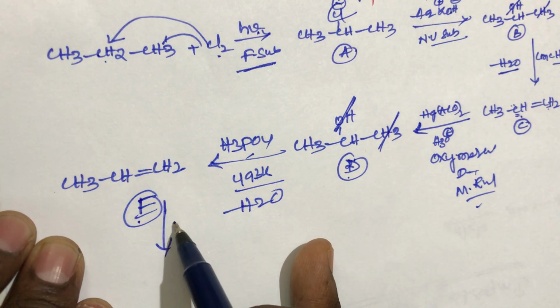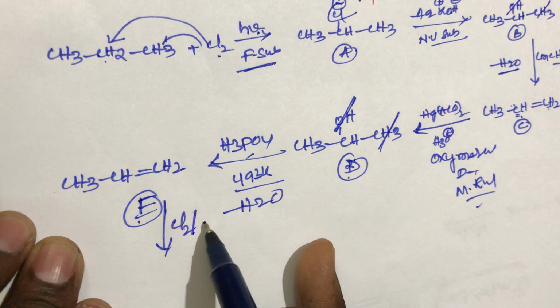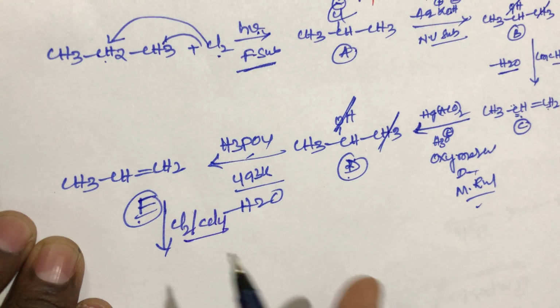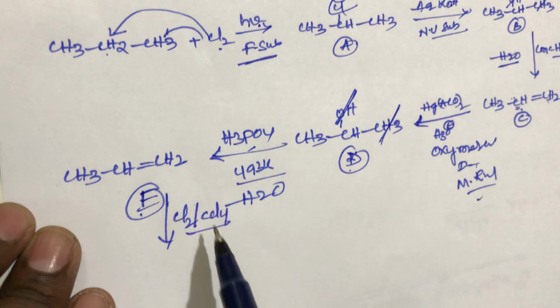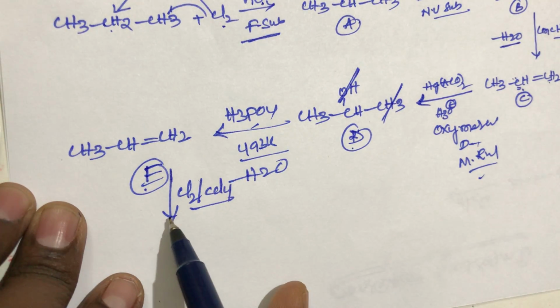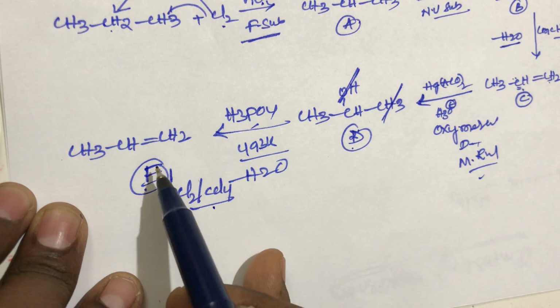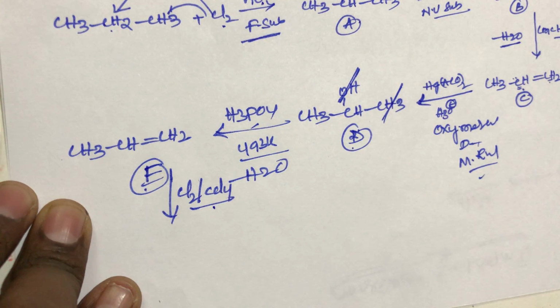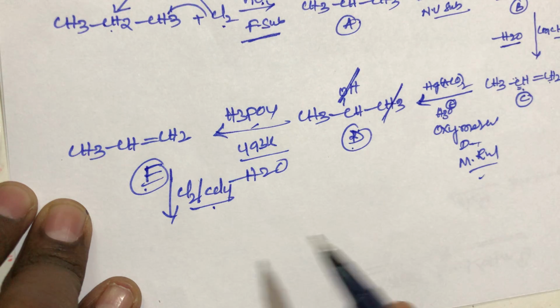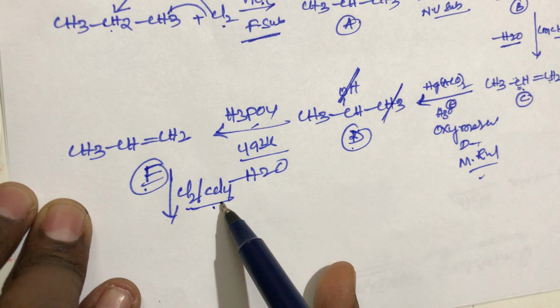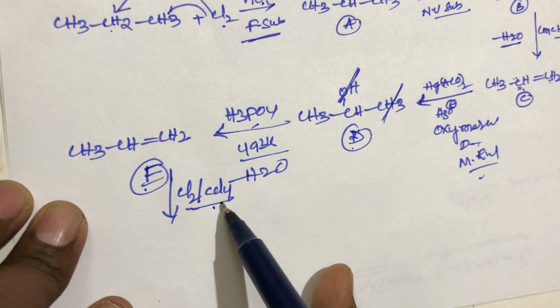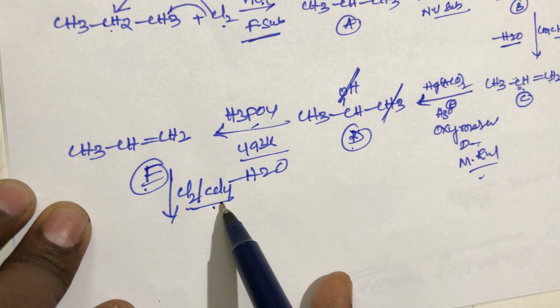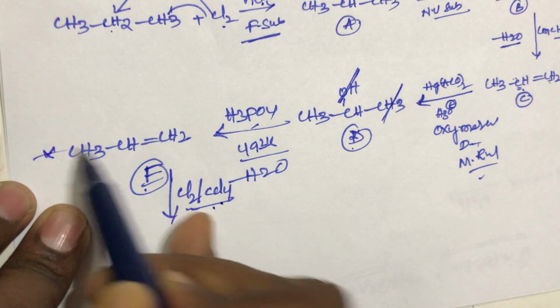When E compound reacts with Cl2 in the presence of CCl4, carbon tetrachloride, that is chlorination. Chlorination in the presence of CCl4 could be electrophilic addition or free radical addition; it belongs to electrophilic addition. Chlorine in the presence of non-polar solvent CCl4 undergoes anti-addition reaction, student. It is very important.